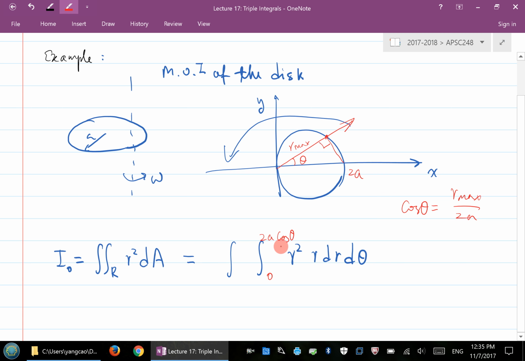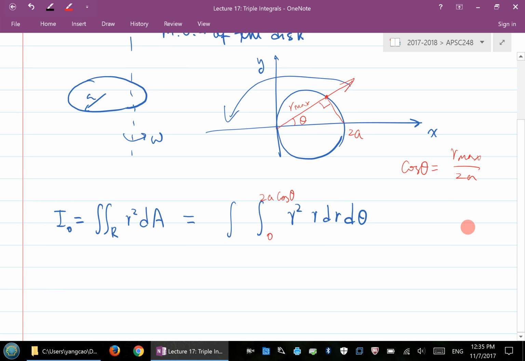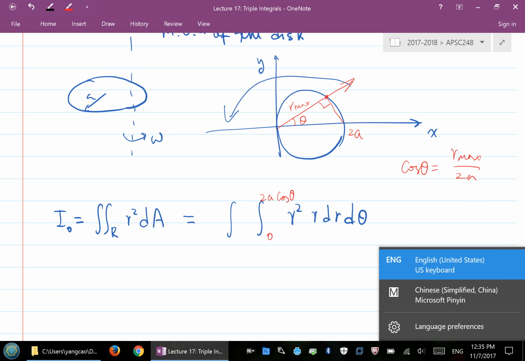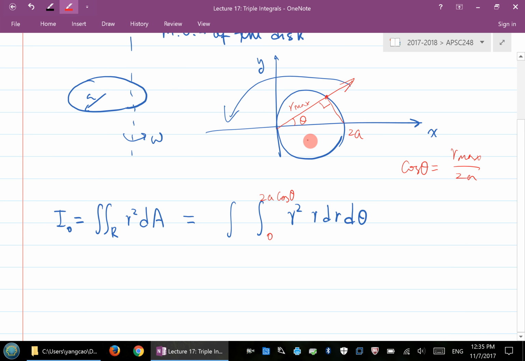How you find r max is a very important procedure. I think I actually tested one such question in the final exam. When you have polar coordinates, how do you find r limits when r is not a constant? Use simple geometry to find its limit.